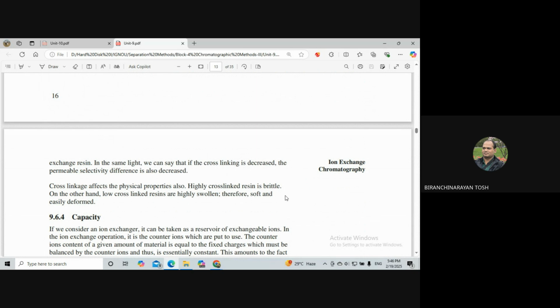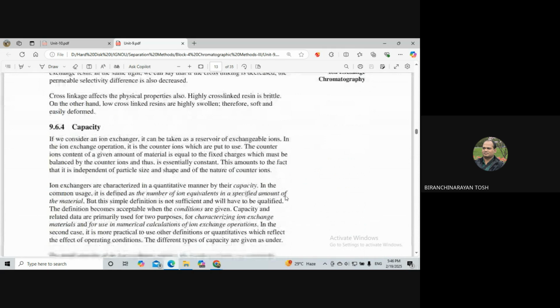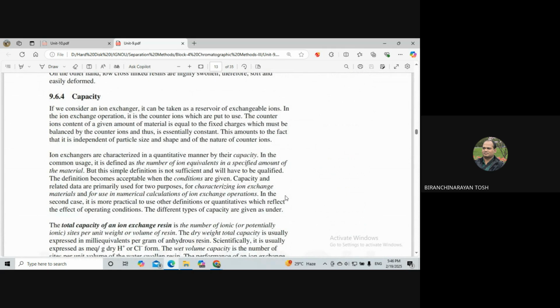The capacity. In the ion exchange operation, it is the counter ions which are put to use. The counter ion content of a given amount of material is equal to the fixed charges which must be balanced by the counter ions, and thus is essentially constant.